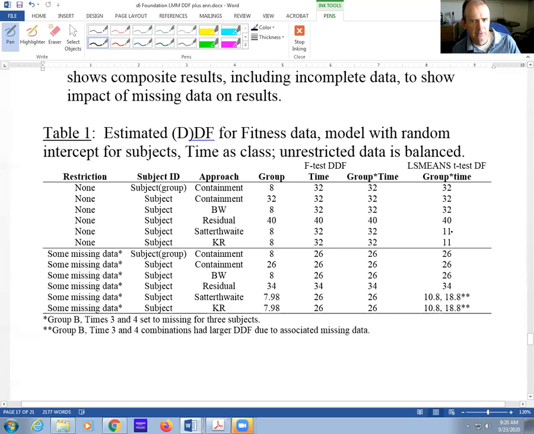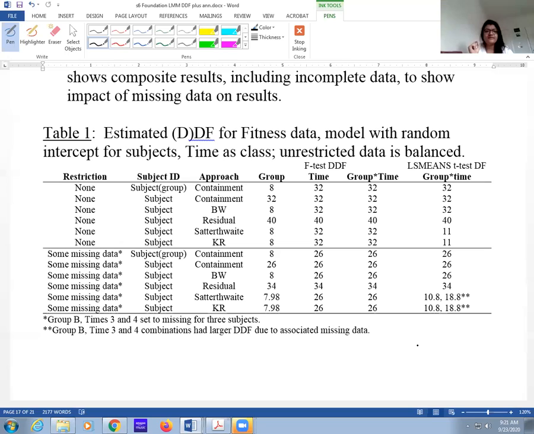So they're going to yield more conservative test results, specifically for Satterthwaite and Kenward-Roger. Off the top of my head, I just can't remember what the difference is between this column and this column. So let me look at that and get back to you. Any other questions that I may or may not be able to answer that you guys have?